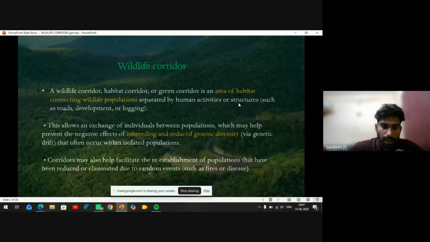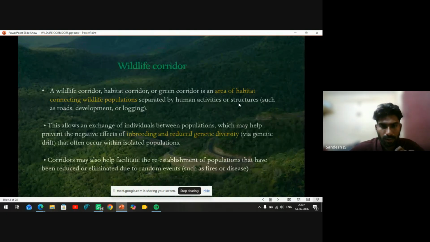The wildlife corridor also helps in facilitating the re-establishment of a population. In other words, it will help in preventing inbreeding depression and also in establishing a population by eliminating random events. The random events mean wildfires or a disease outbreak.